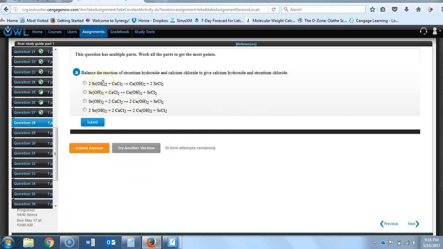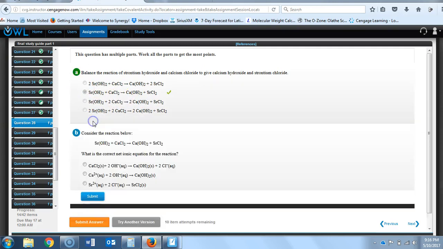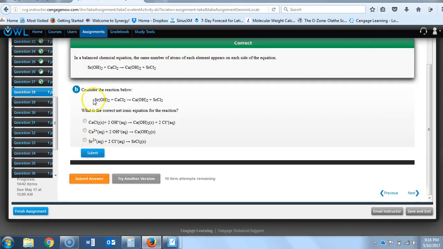All of the strontium hydroxides are written correctly, all the calciums are. Calcium hydroxide and strontium chloride. We need two hydroxides, two hydroxides, two chlorines, two chlorines. I'm going to go with that one.